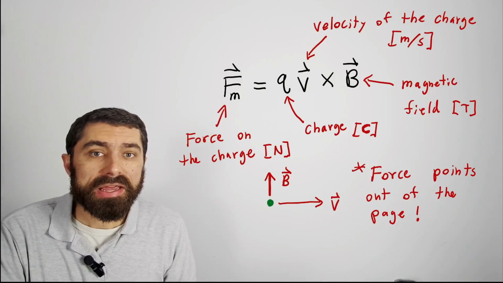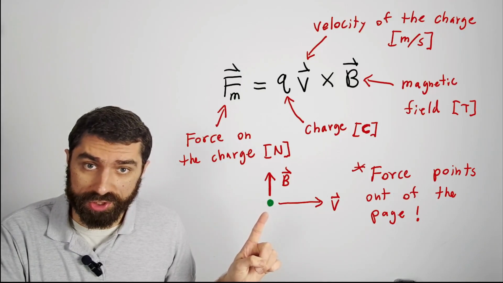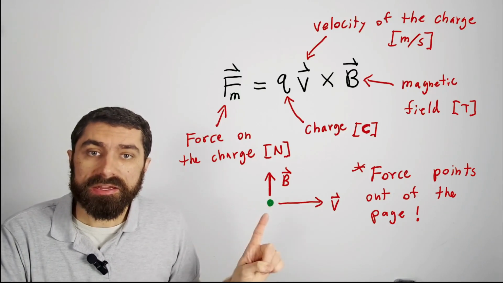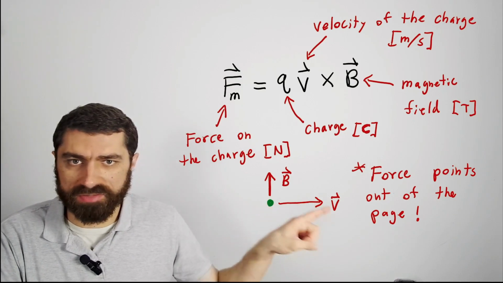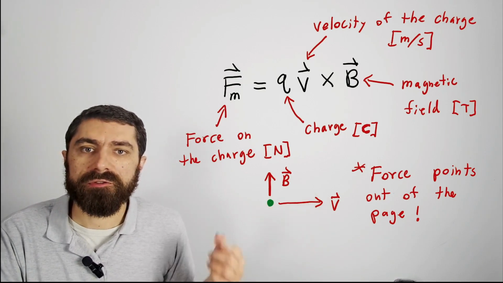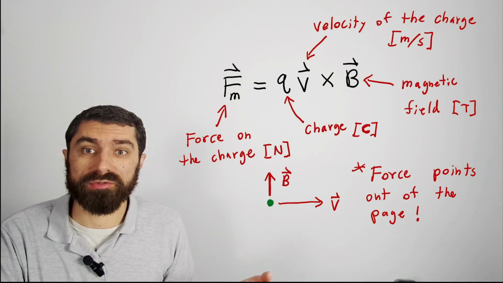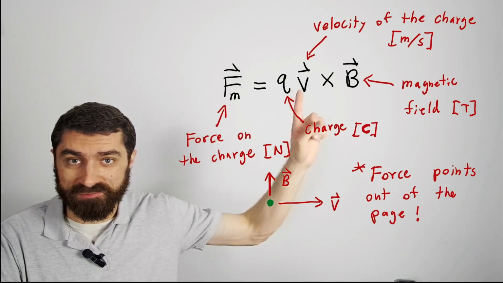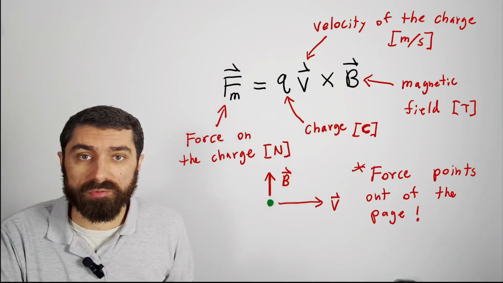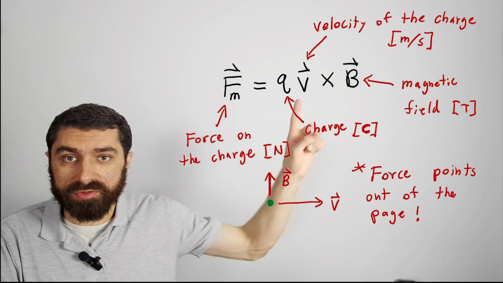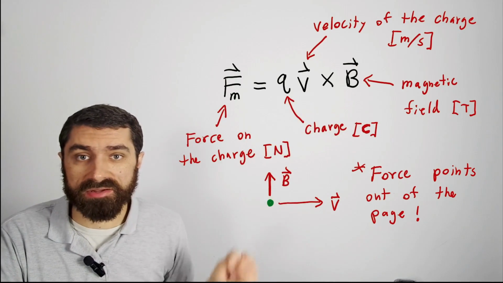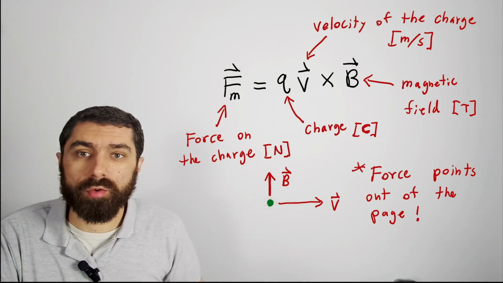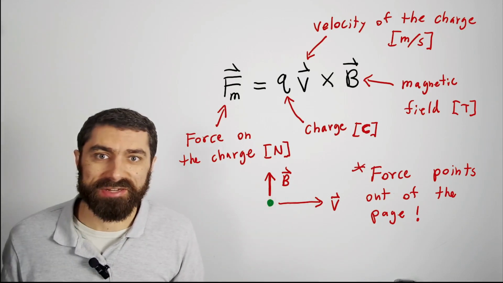If you place a point charge at a certain point in space with a certain magnetic field value, and the charge is moving in some direction with velocity v, the force that the charged particle will experience will be out of the page, because that would be the v cross B as defined by the right-hand rule. So you'd multiply the charge q times the velocity, and then cross it with B, and it would experience a force that is out of the page, or perpendicular to its velocity.